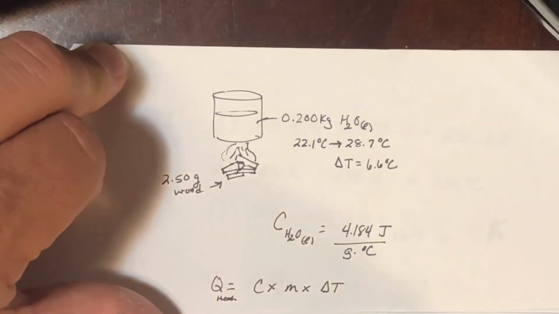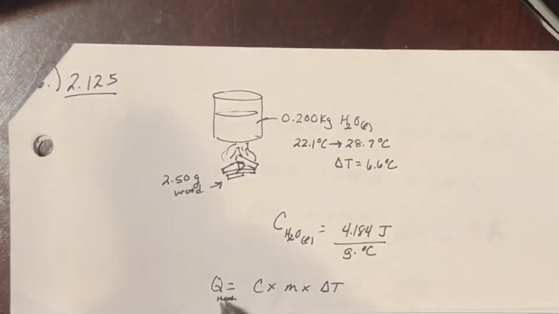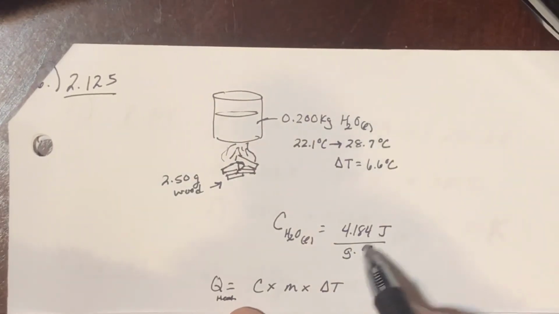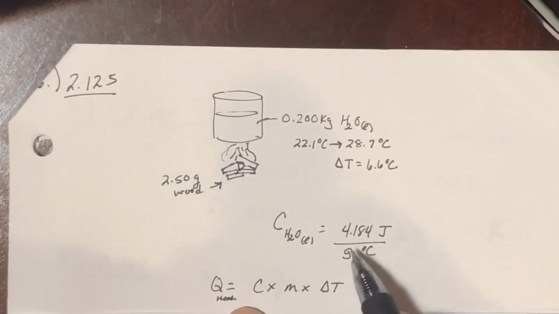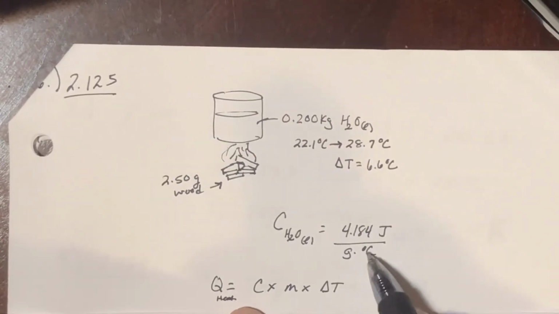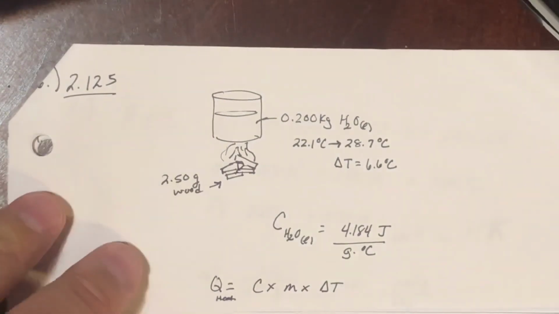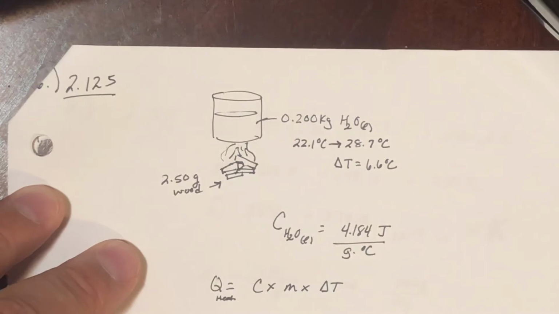There's this formula that the overall change or movement of heat into or out of an object is equal to the specific heat of that material, with these units, joules per gram degree Celsius, times the mass, which is going to be in grams. So we're going to change this kilograms into grams anyway, times the temperature in degrees Celsius. So that's going to cancel the grams, cancel the degrees Celsius, only end up with the joules.